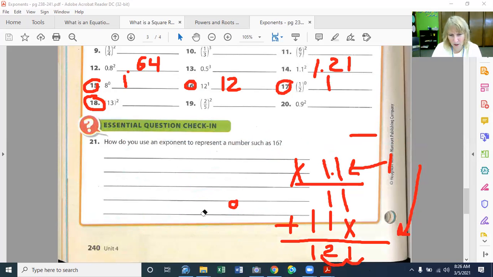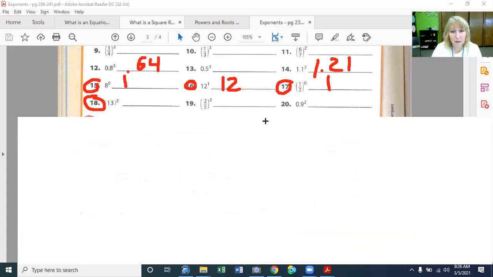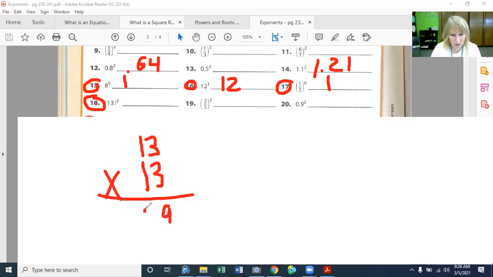Okay, what is 18? 13 to the second power. How do I do that? Well, I go 13 times 13. So 13 times 13 equals, what does it equal? 3 times 3 is 9. 3 times 1 is 3.